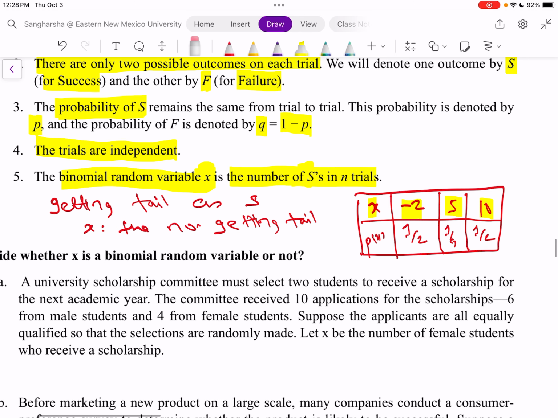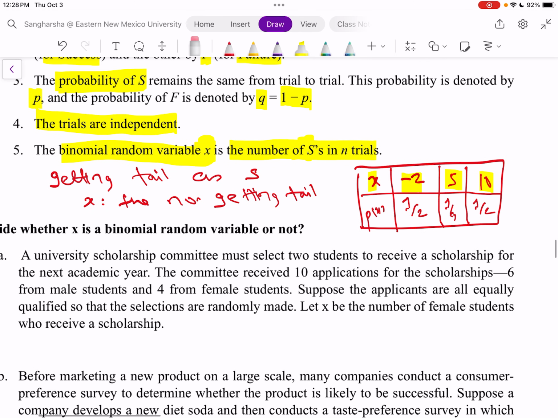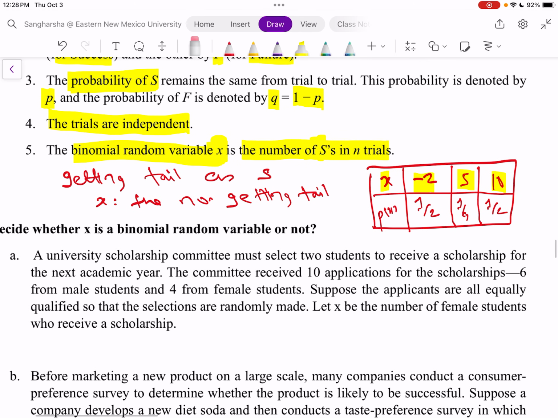Okay, now here we have an example, and we need to decide whether X is a binomial random variable or not. The very first example: a university scholarship committee must select 2 students to receive a scholarship for the next academic year. The committee received 10 applications, 6 from male and 4 from female students.